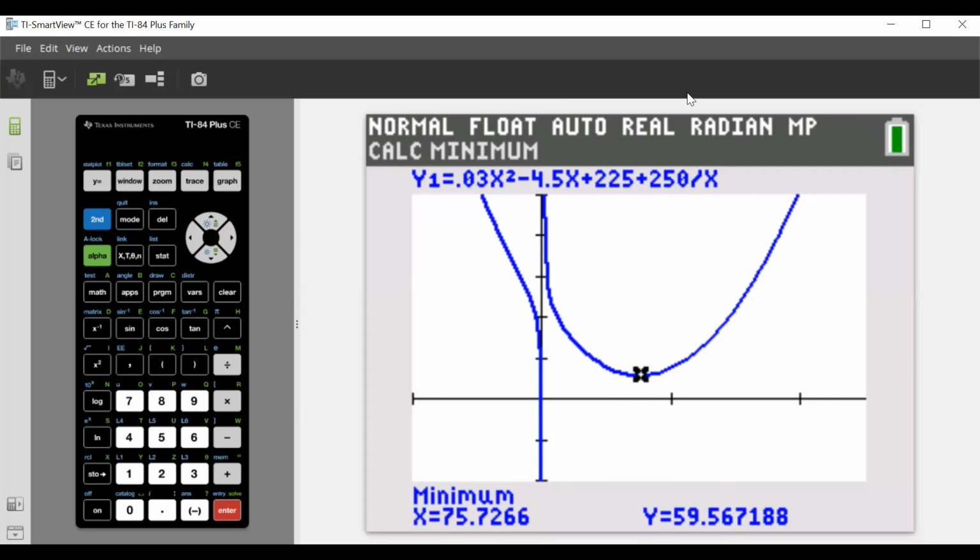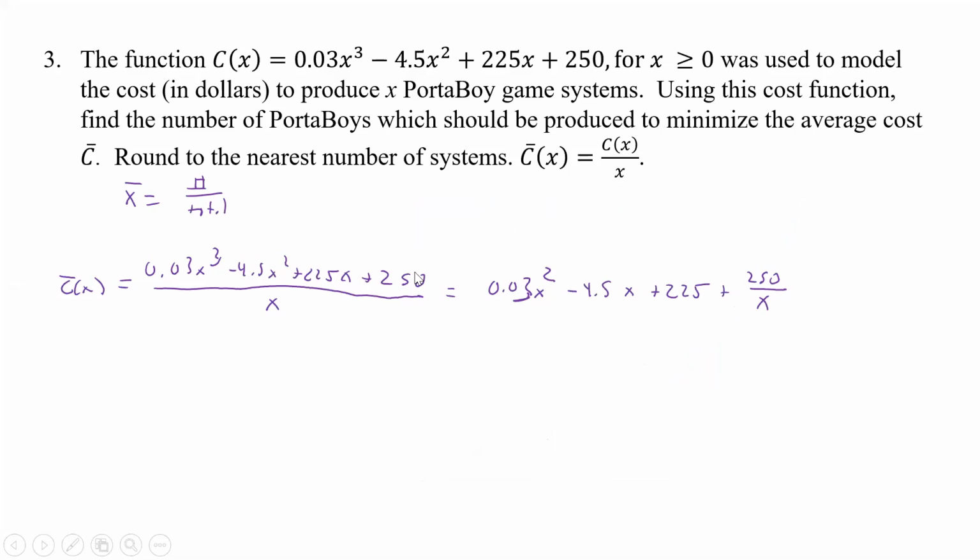Let's write that down. We used the calculator to find the minimum, and that was at 75.73 comma 59.57.